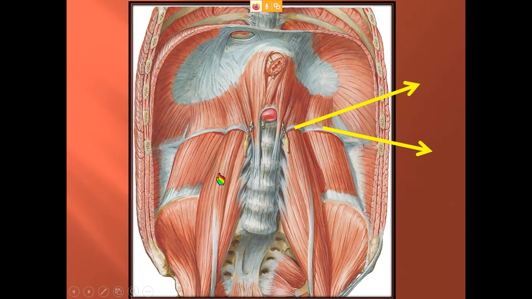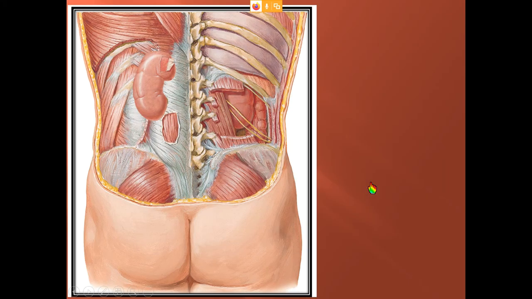These are the three muscles: psoas major, quadratus lumborum, and the transversus abdominis muscle. Here you can see how the kidney is present. The left kidney is a little higher and the right kidney a little lower.